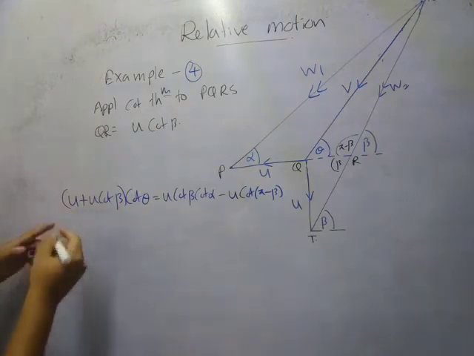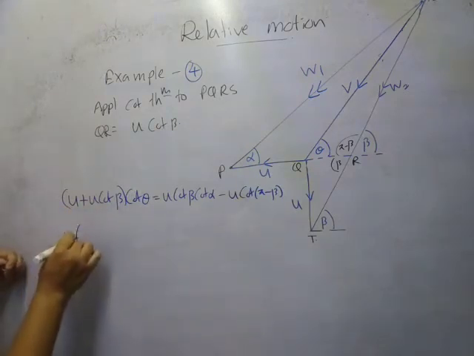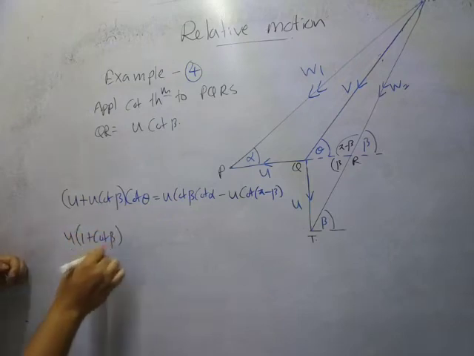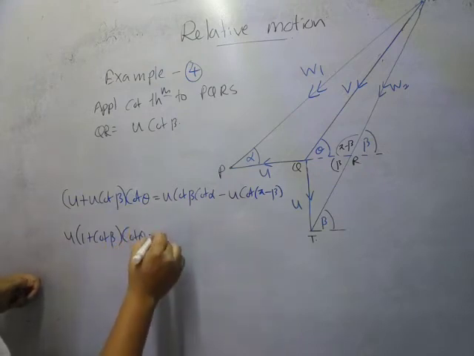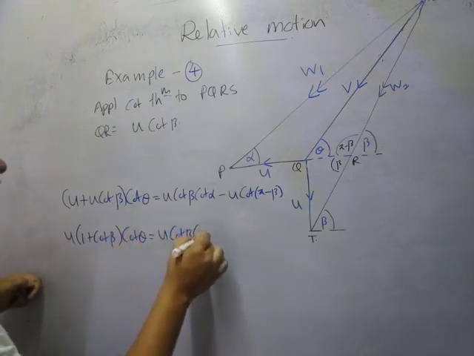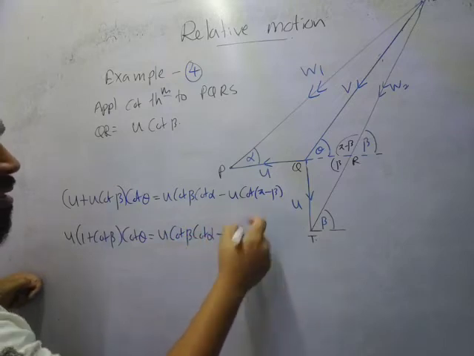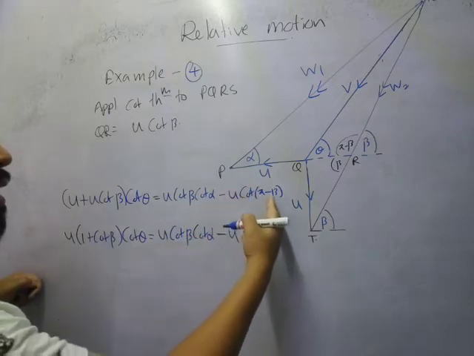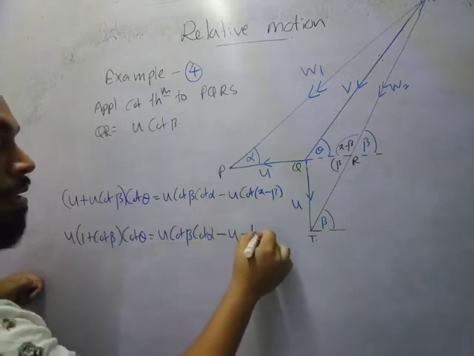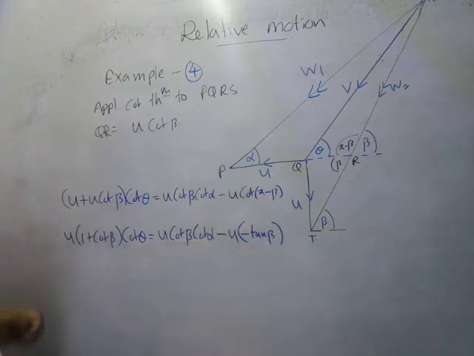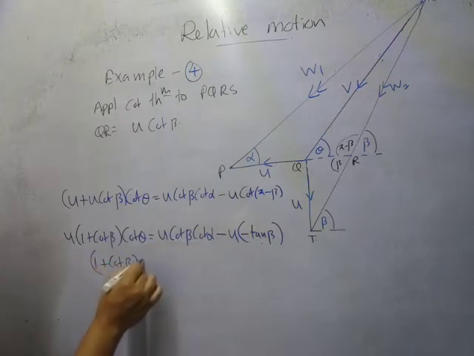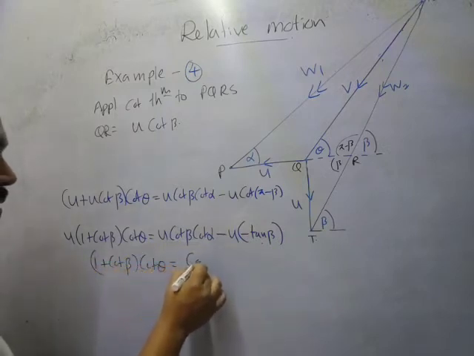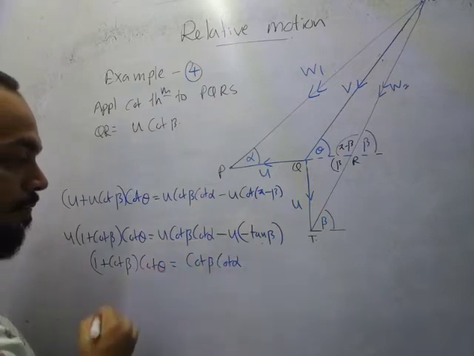Right. So in this case, I can factor out a u, then 1 plus cot beta, cot theta equal u cot beta cot alpha minus u. This is equal to minus tan beta. I can get rid of u now. That u ඔක්කොම කැපිලා යනවා. එතන 1 plus cot beta cot theta equal cot beta cot alpha.